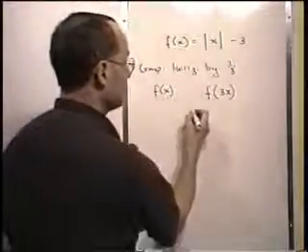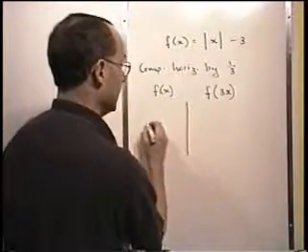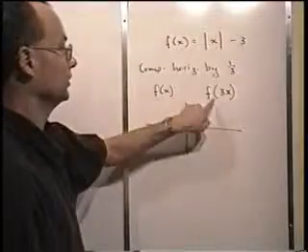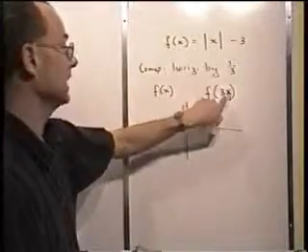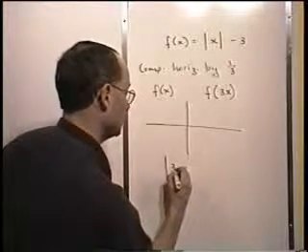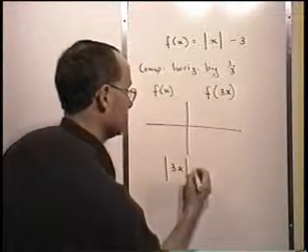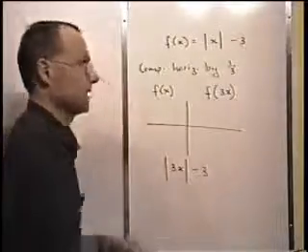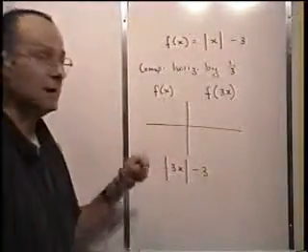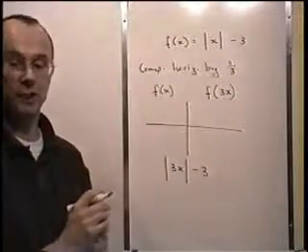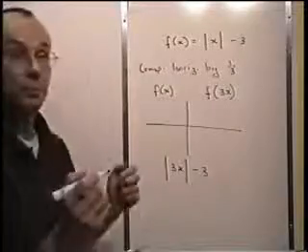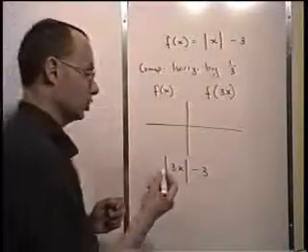Just to finish it up and show you what the graph might look like, if we want to take our function and put a 3 in front of the x, the function we'd want to graph would look like this: absolute value of 3x minus 3. And just to convince you that this is indeed going to be horizontally compressed by 1/3, I'm just going to look at a couple of foothold points to show you that.